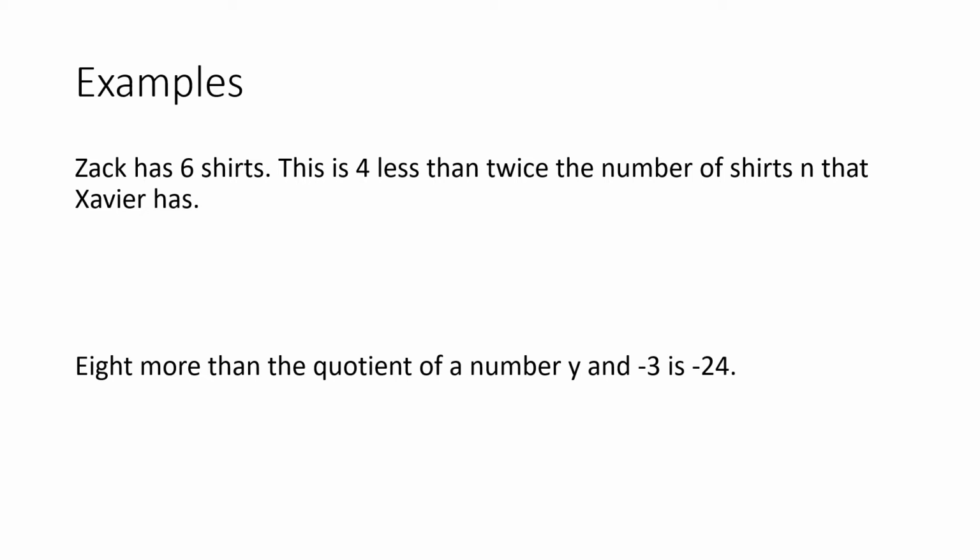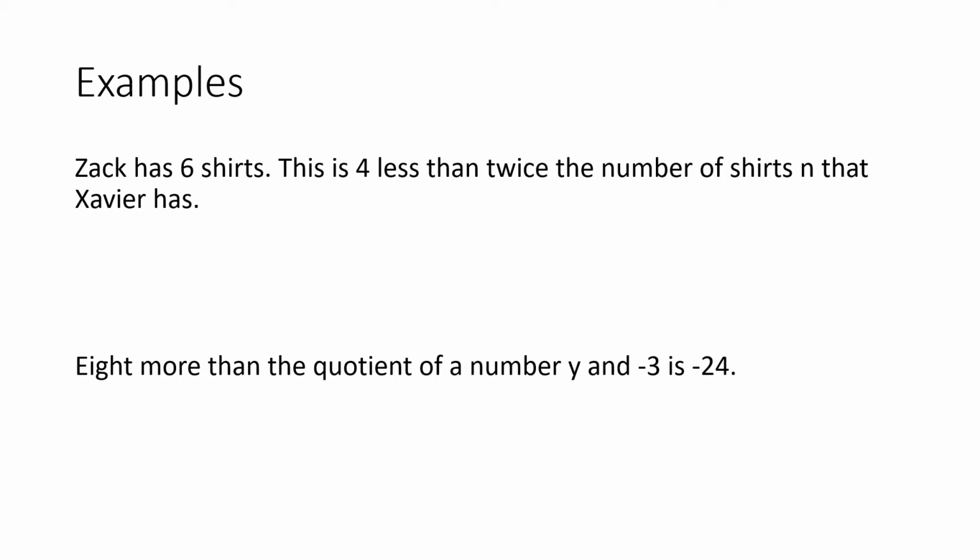So let's set this up. And here, all we're going to do is set up the equation. That's all that's being asked of us right now. We're not going to be asked to solve. So how do we set up this equation? How do we write this two-step equation?